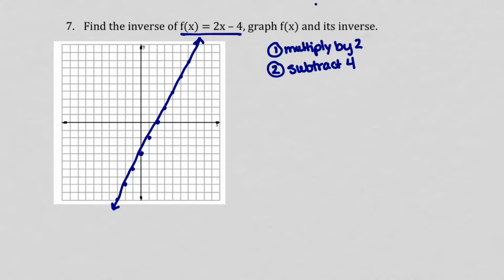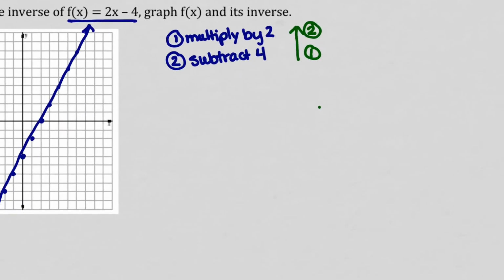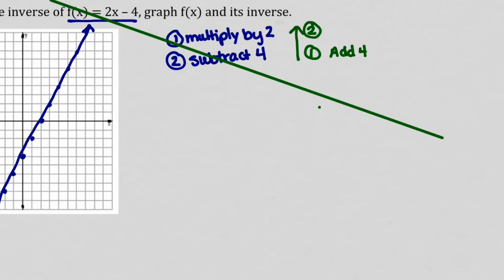And then if I work backwards, so now my number 1 is going to be the opposite of the number 2, and my number 2 is the opposite of number 1. So opposite of subtracting 4 would be add 4. And the opposite of multiply by 2 would be divide by 2.